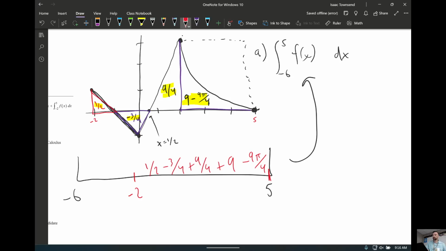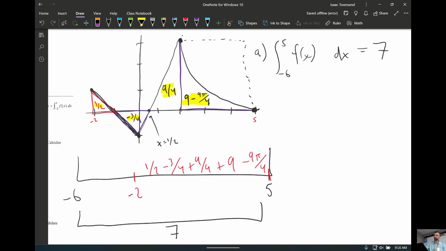I think they give us the area for this one, but they want us to evaluate something else. So it says -6 to 5 equals 7. Again, I don't have the question in front of me. So this total area was 7, and they're actually asking you to find the area from -6 to -2.